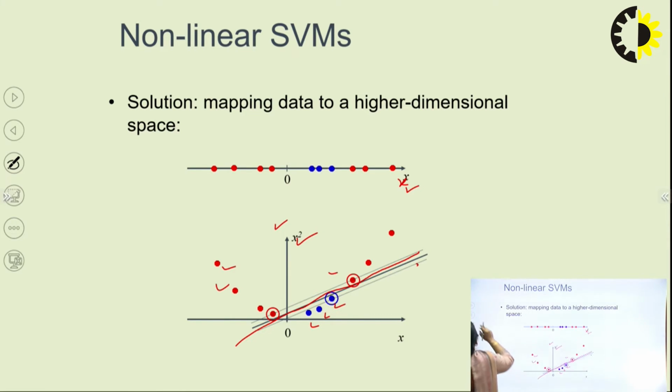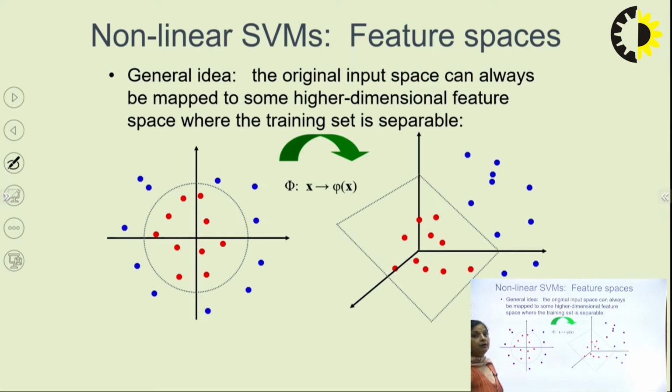So, let us write in somewhat more detail. Feature space is mapped to high dimensional. This is my x. Here I have this boundary which is segregating both, but it is not linear. So, this is the non-linear SVM requirement. So, what is the general idea?